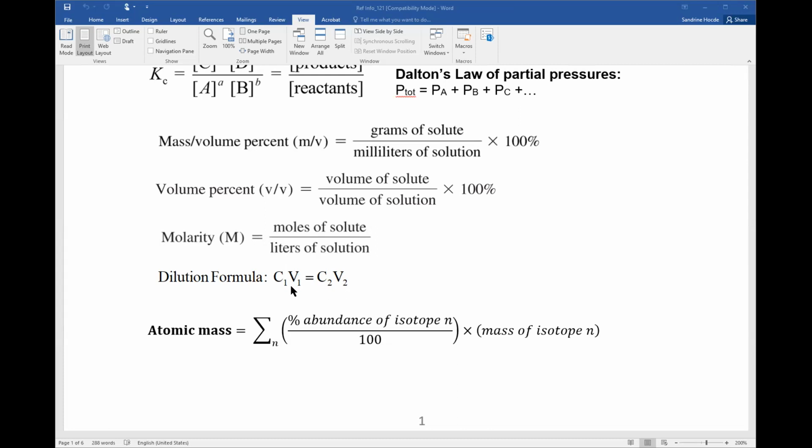So one is for the stock solution and two for the diluted solution. Typically the first concentration is high and volume 1 is small. Then, because you dilute by adding solvent, volume 2 is large compared to volume 1, and concentration 2 is small compared to concentration 1, because you're diluting.